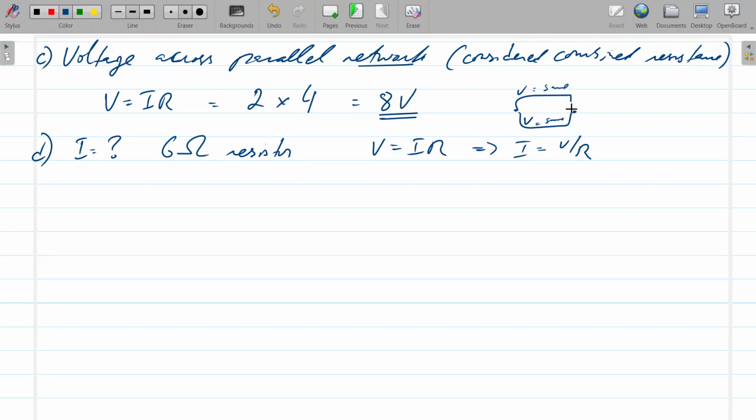That means that the 6 ohm resistor and the 12 ohm resistor are both getting the same voltage, which is 8 volts. So I equals 8 over 6. The 6 ohm resistor is getting 8 volts, and the resistance itself is 6. So what are we getting out of this? We're getting 4 over 3, which is 0.75 amperes.